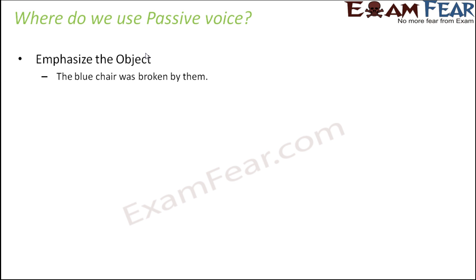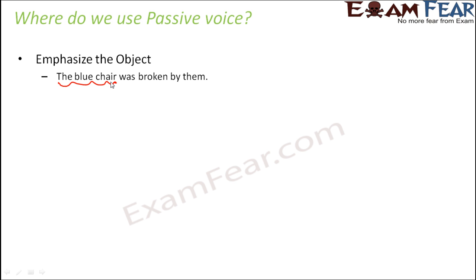Let us take an example. The blue chair was broken by them. In this case, the emphasis is on the blue chair. It is not the table, it is not the red chair, it is not the vase, but it is the blue chair which was broken by them. So the emphasis is on the object.